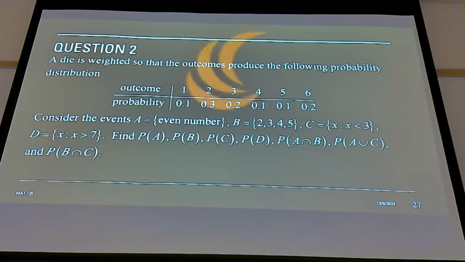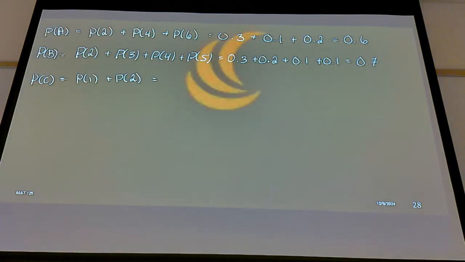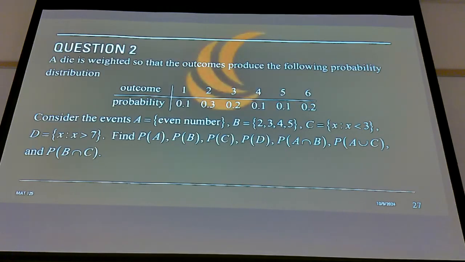What's the probability of rolling a 1? 0.1. 0.3. So the probability of rolling something less than 3 is 0.4. What's the probability of rolling greater than 7? 0. It's impossible. There's no 7.